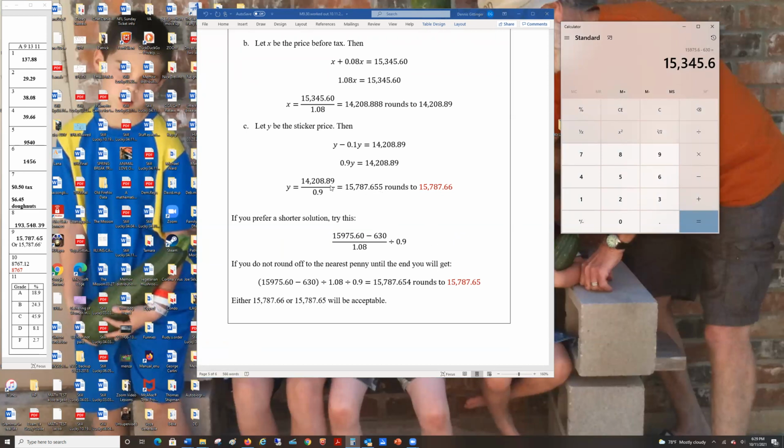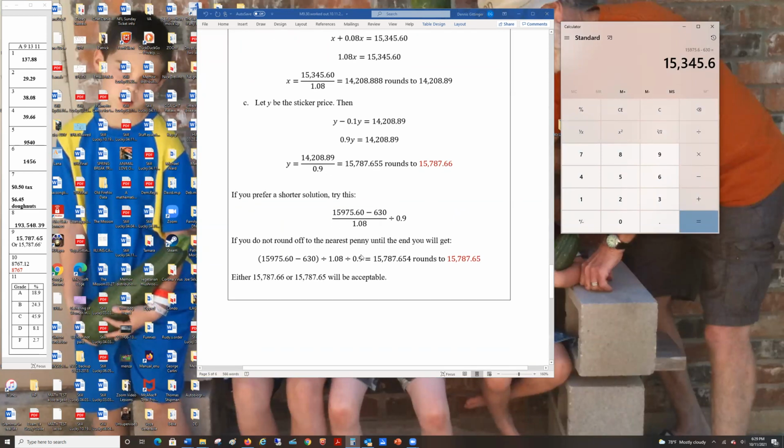Then I divide that by 1.08. And I get that. Now, if I don't round off until the end, if I just leave that alone, which is usually what you do, I'm going to divide that by 0.9, which represents the 90% that's not discounted.